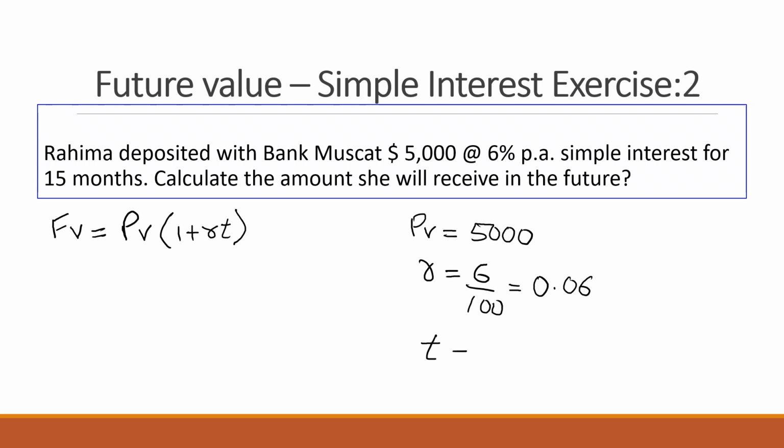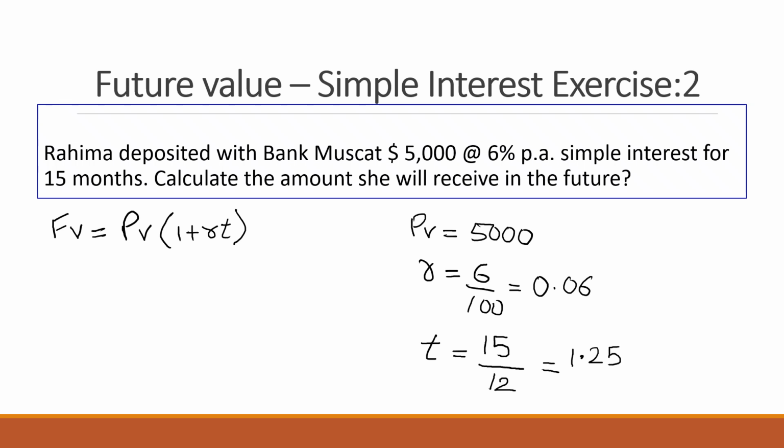For how much time am I depositing? It is 15 months. Remember, this 15 months we have to convert into years. So in 1 year we have 12 months. So 15 divided by 12. You can take the numbers directly here. When you take the calculator and type 15 divided by 12, you will get 1.25 years.